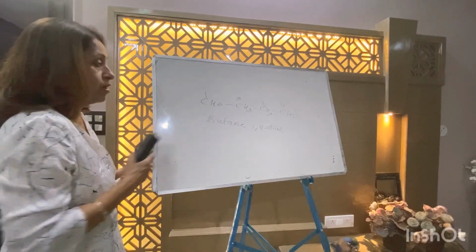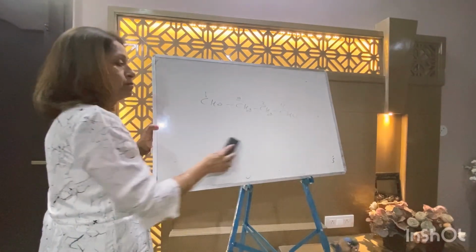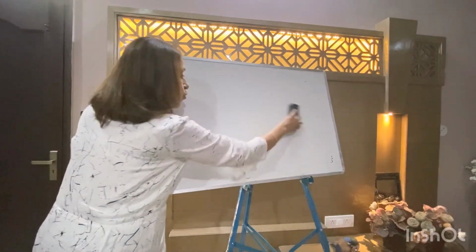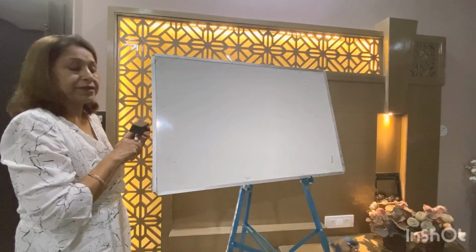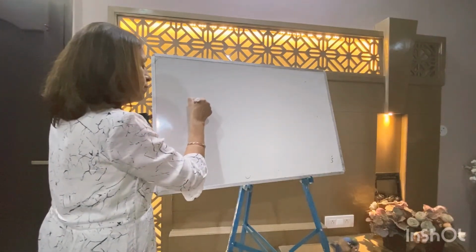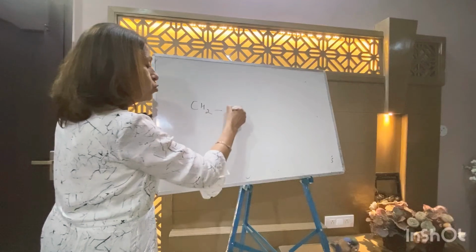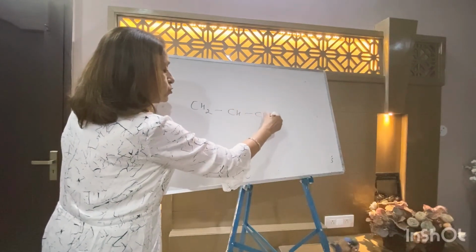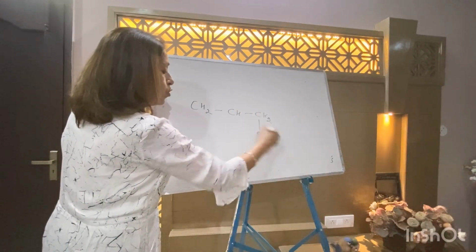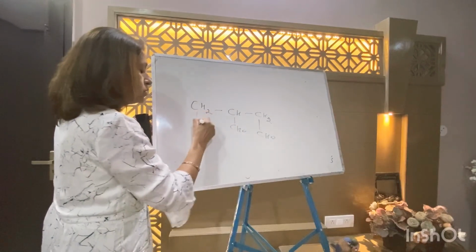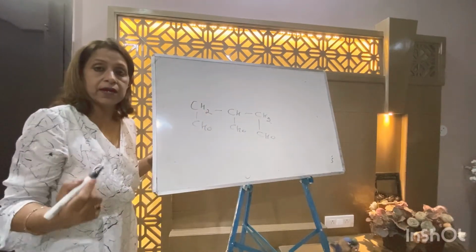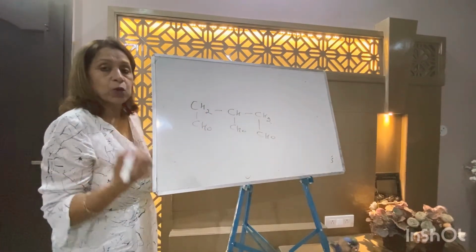Now I'm taking 3 aldehyde groups. Now I'm taking CH3, CH2, CH, CH2, CHO, CHO, CHO. Now there are 3 aldehydes. Dear children, it's an IUPAC rule.